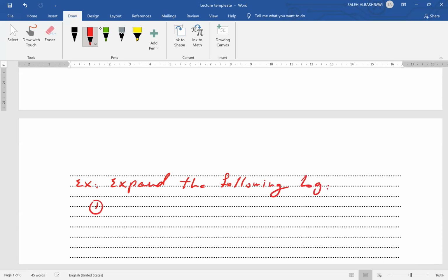Number one. For that, we have logarithm base 2 of x times y times z.